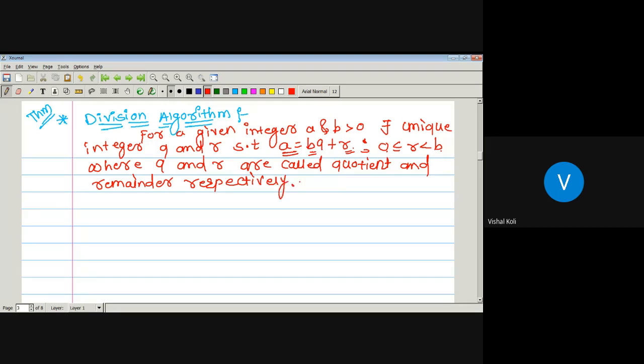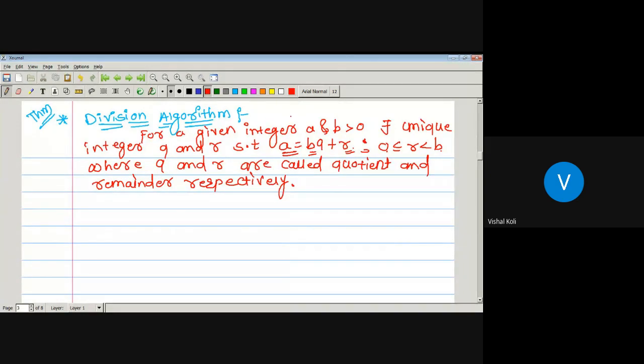So the statement is: for any two integers A and B in which B is greater than 0, there exist unique integers Q and R such that A is nothing but BQ plus R, where 0 is less than or equal to R and R is less than B, where Q and R are called the quotient and remainder respectively. That one we have to prove.